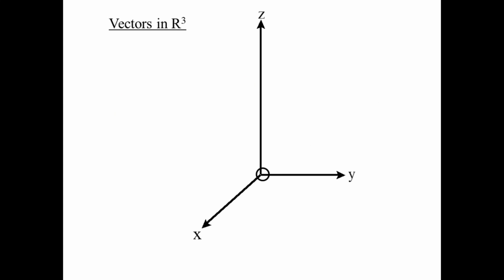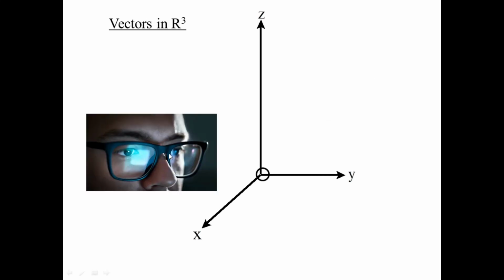Vectors in R cross R cross R. Well, it's the same idea. It's just that now we've got three coordinates. Now, if you were this guy looking into a room where this is the front left bottom corner of the room, kind of looks like the corner of a room, and from his eyes, he is looking at the X, Y grid.